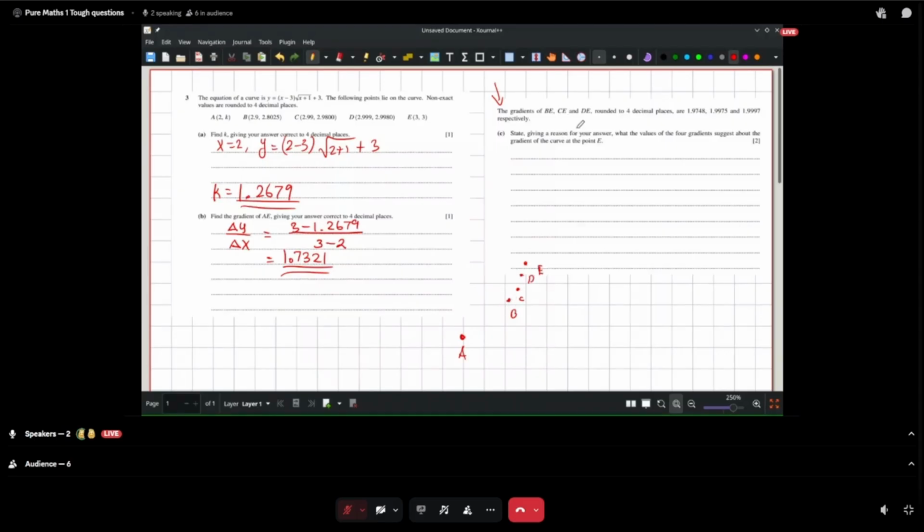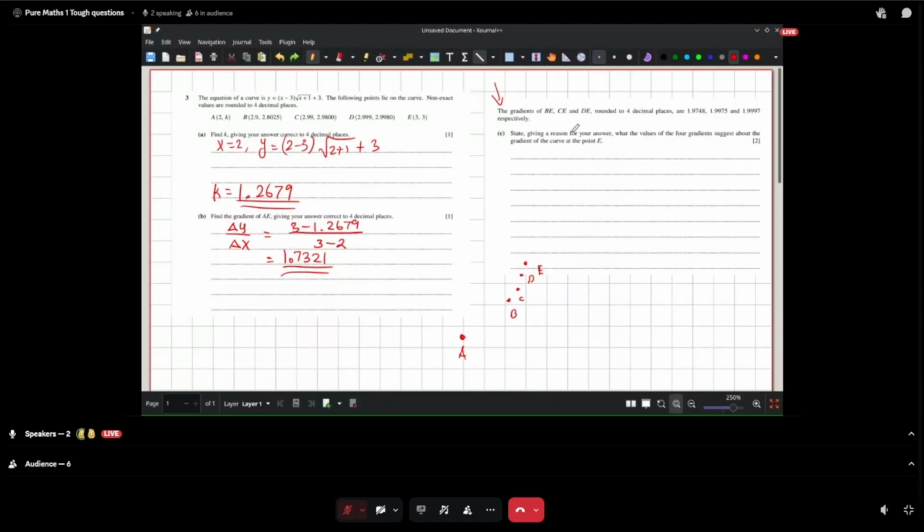Now we're given the gradients of BE, CE, and DE. So that's these three lines. The gradients of these three lines are 1.97, 1.99, and 1.999.